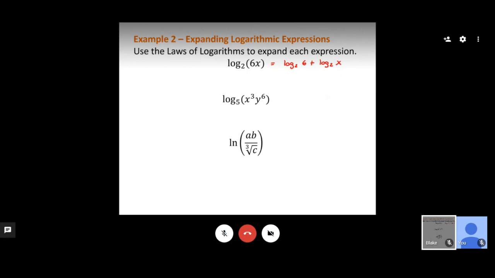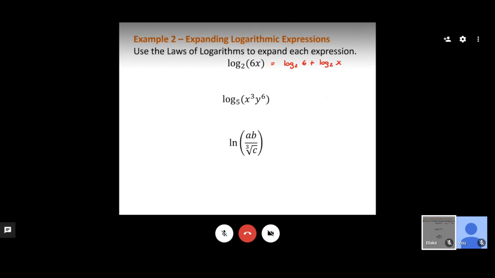All right, so let's look at the next one now. We have a base 5 log of x cubed y to the 6th. And so what operation do we have inside here? Okay, good. We have multiplication and we have exponents, and we have laws for both of those things. In this case, we always want to take care of the multiplication piece first.